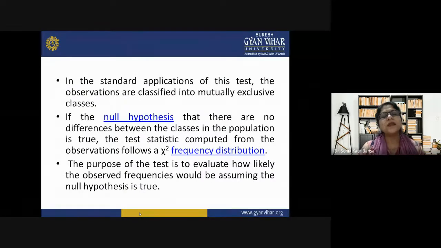In the standard applications of this test, the observations are classified into mutually exclusive classes. If the null hypothesis that there are no differences between the classes in the population is true, the test statistic computed from the observations follows a chi-square frequency distribution.